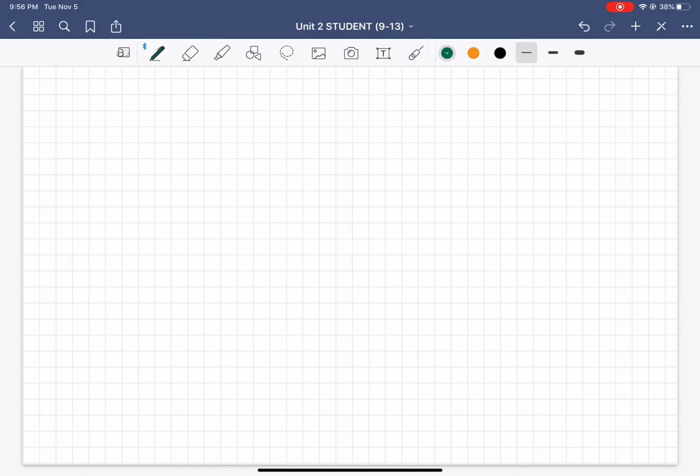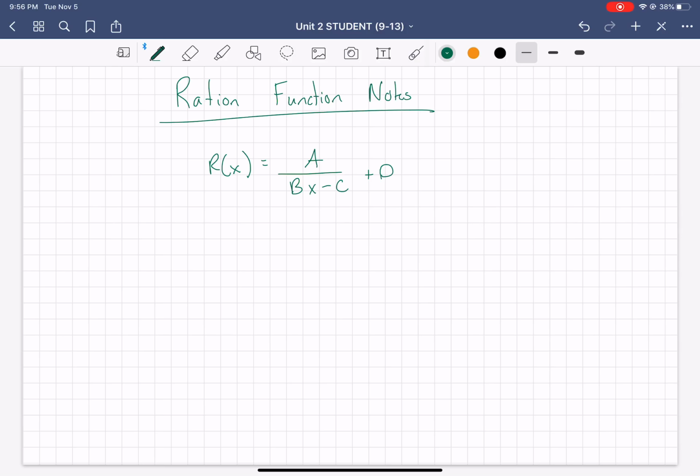Okay. So we have our rational function notes. Right? We have a whole bunch of stuff in here for where our rational function looks precisely like this. But that's not that frequent. So we need to make one for messier rational functions. And this one we're going to use way more often, all right?